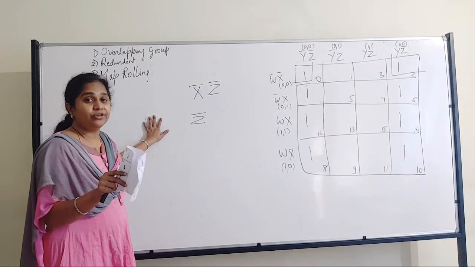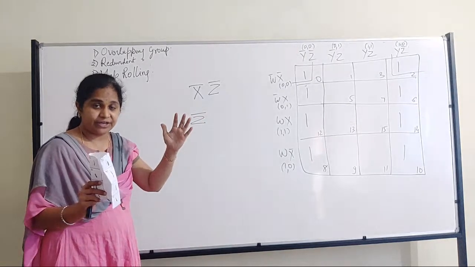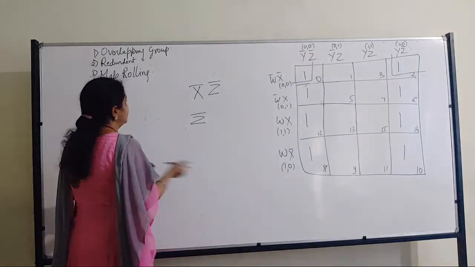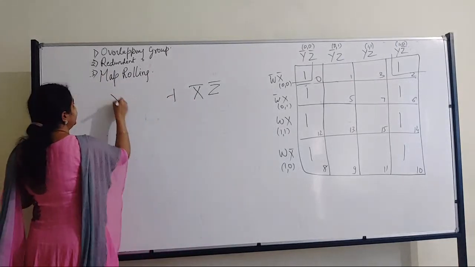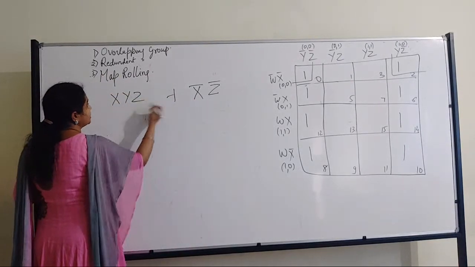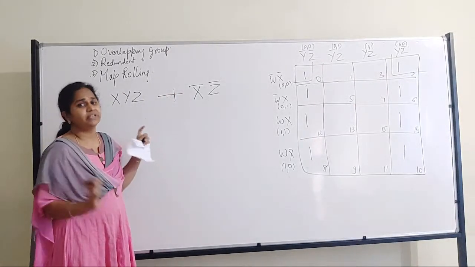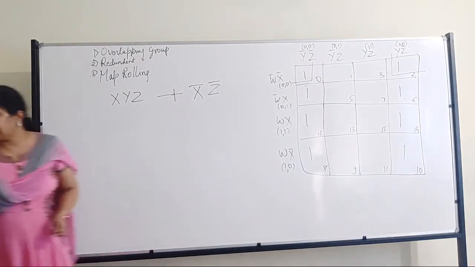So what are you going to draw the circuit diagram for? The final solution, what you have shrunk, what you have simplified. For that you have to draw the circuit diagram. Assuming this is one of it, something like that, we got the answer. So some question was given, we solved it and we got this as an answer. So what will be the circuit diagram for this?